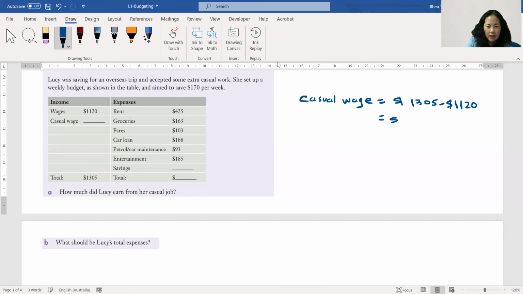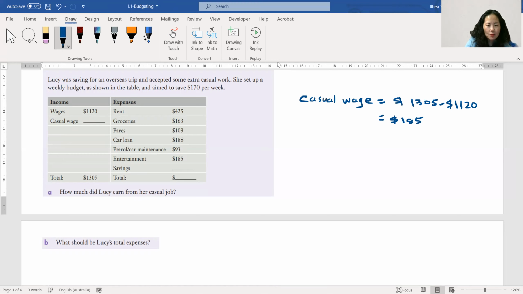And if you use a calculator, it'll give you 185. So her casual wage is 185. Okay, well, that's not too bad.